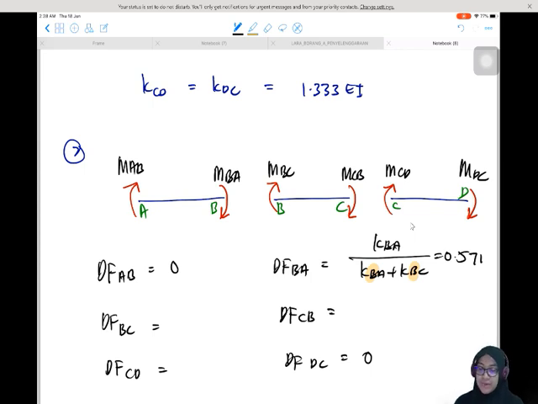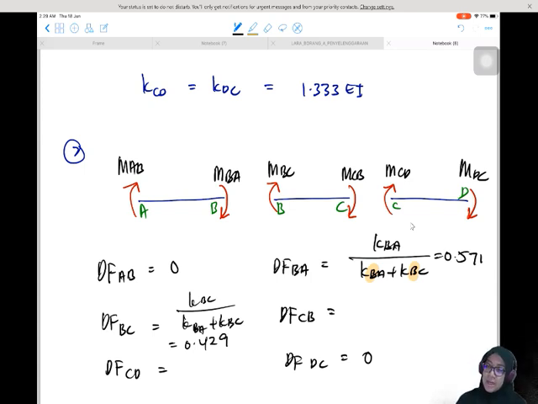So the distribution factor for BC is KBC divided by KBA plus KBC. So it is 1 divided by 2.333. So it is 0.429. So this is equal to 0.429.